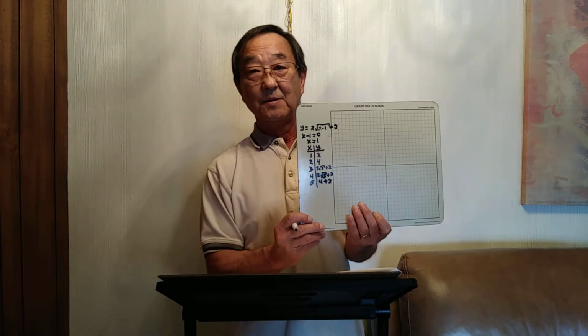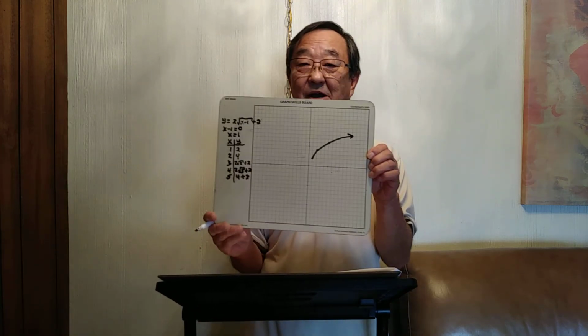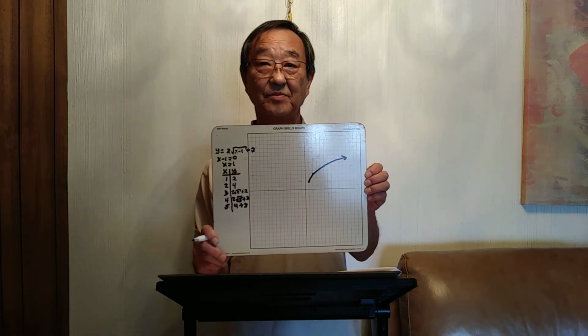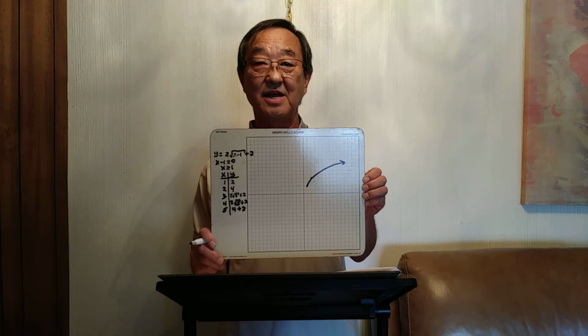Now all I have to do is graph the points. That's what my graph looks like after graphing the points off the table.